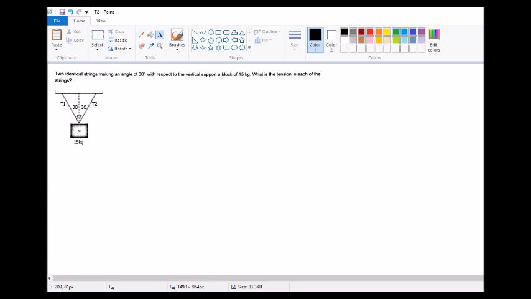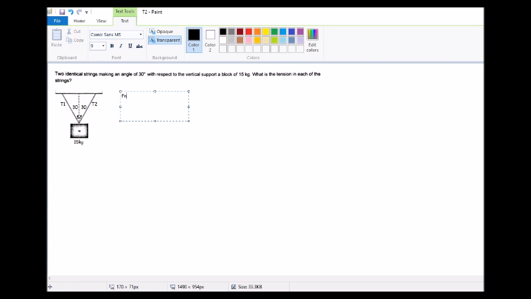Alright, so after this we should use the equation Fn equals ma. That will give us the normal force. Because the object isn't moving, the acceleration will be 0. So the mass is 15 kilograms and the acceleration is 0 meters per second squared.